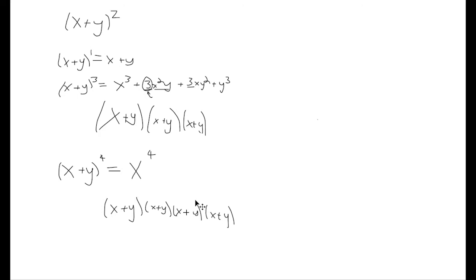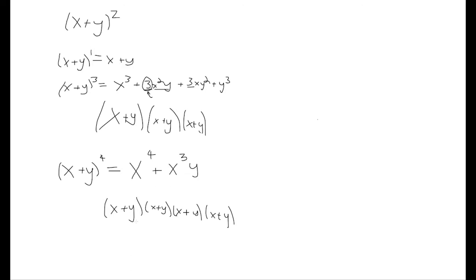What else are we going to have? Well, we could have 3 x's and then 1 y. So we would have x times x times x times y. How many different ways can that happen? Well, the number of ways that 3 x's and then 1 y can be chosen is the same as the number of ways one of these can be chosen to be a y, because we know that only one of them is going to be a y.